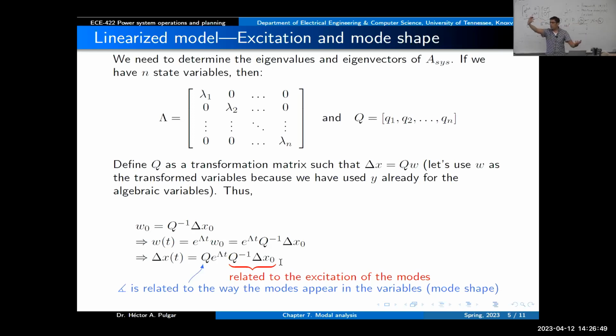Why? Because generator 1 is oscillating against generator 2. When generator 1 is increasing the speed, generator 2 is decreasing, and backwards. So we will look at the angle. In the case the two machines are oscillating together with the infinite path, both machines will increase the speed together or decrease the speed together. So in that case, we will have something else.